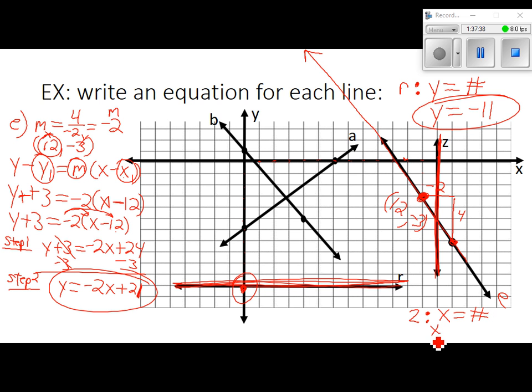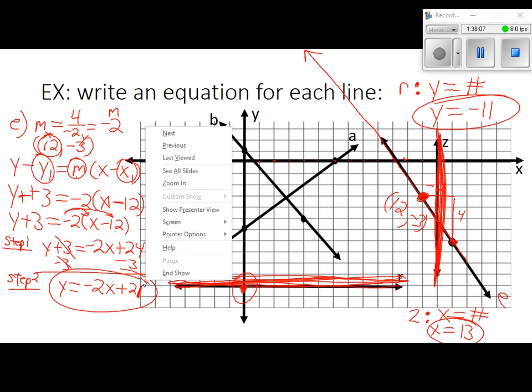So x this time is going to equal 13. So it's just that. X equals 13. Again, with a vertical line, it's always going to be x equals some number. With a horizontal line, it's always going to be y equals some number.